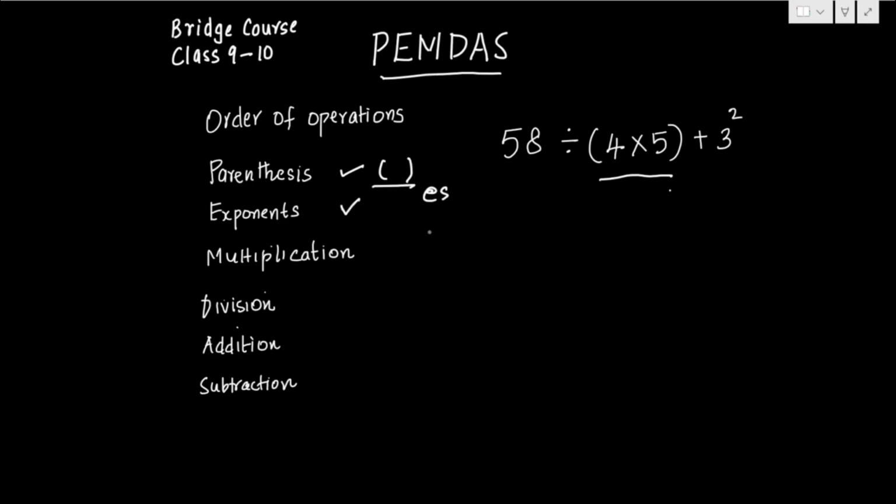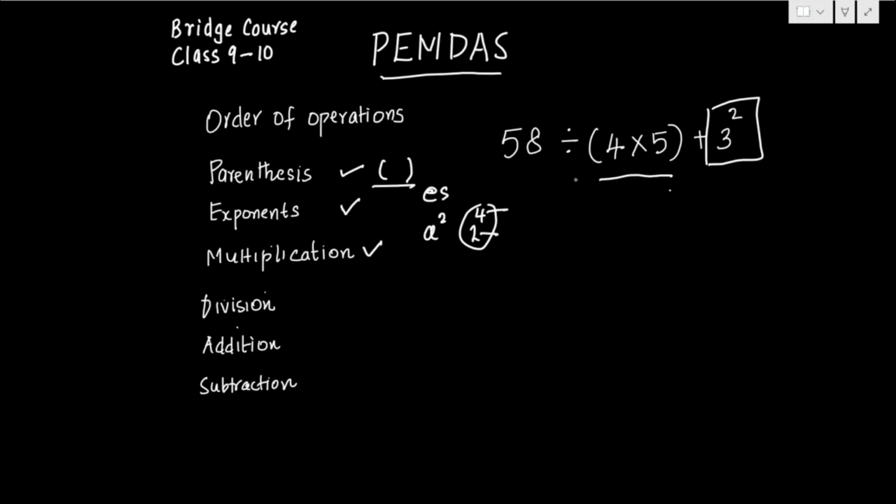What are exponents? A to the power of 2, 2 to the power of 4. These are exponents. Well, 4 is the exponent, the whole thing is called a power, and 2 is called the base. But according to this, next you do 3 square. You simplify 3 square. And then you go to multiplication.